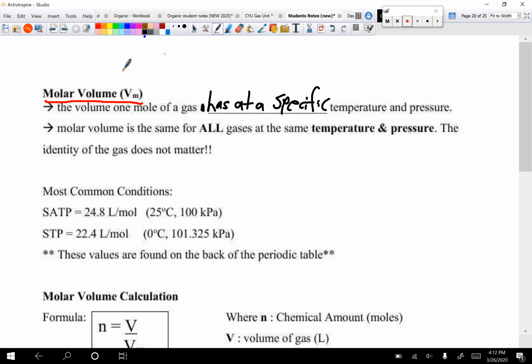Sorry, the notes got a little messed up there. So the molar volume is going to be the same for all gases at the same temperature and pressure.